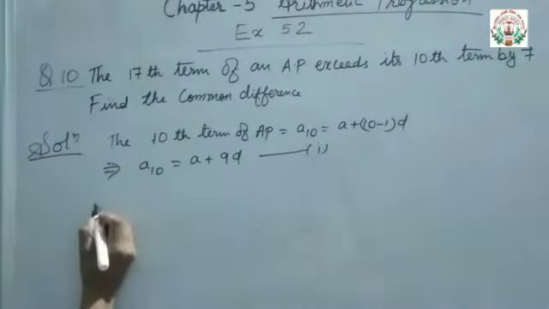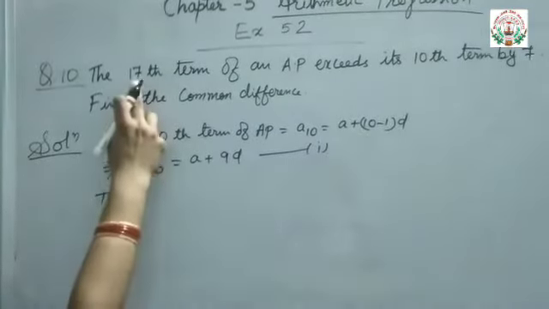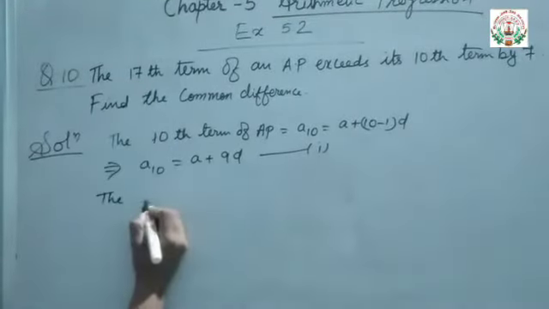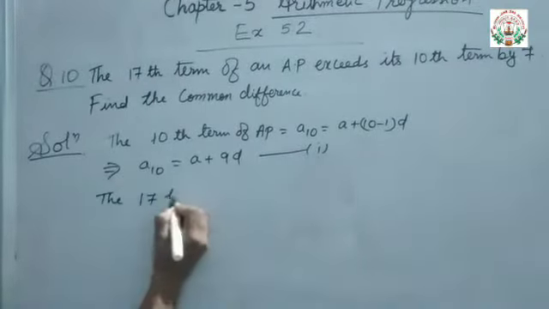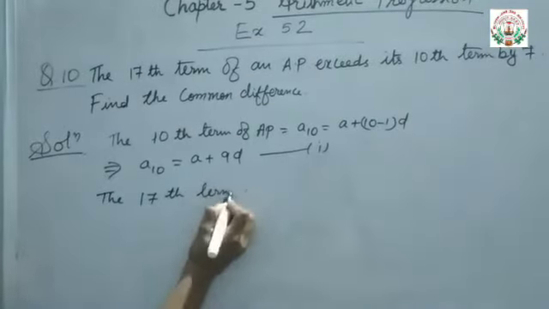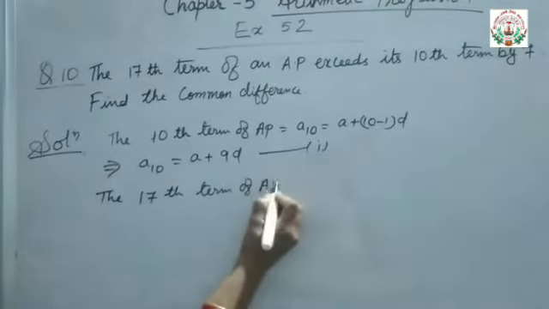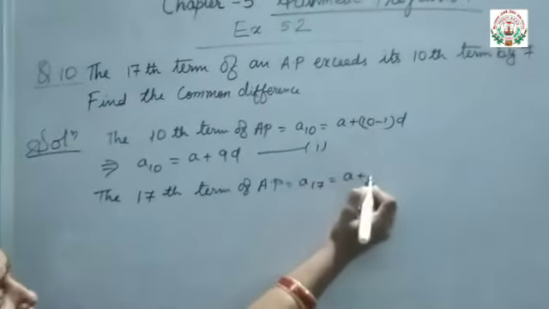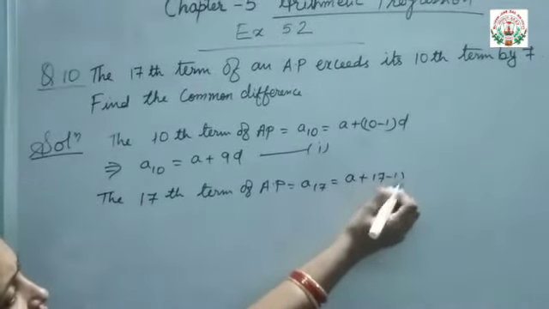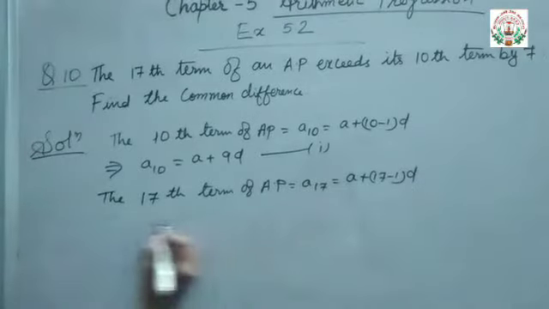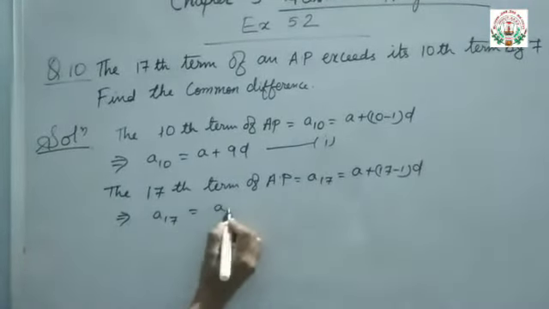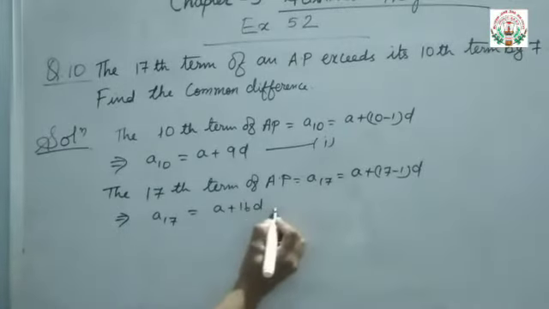Okay. And then the term which is almost given in the question, that is 17th. The 17th term of AP, that is A17 equals to, same way using nth term formula, write the equation, that is A plus 16D.